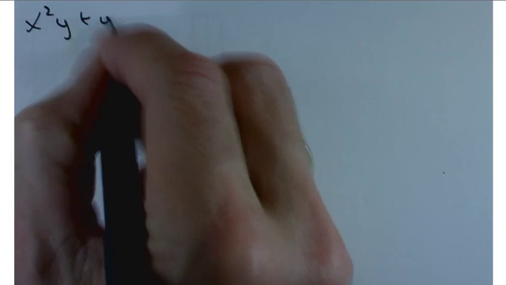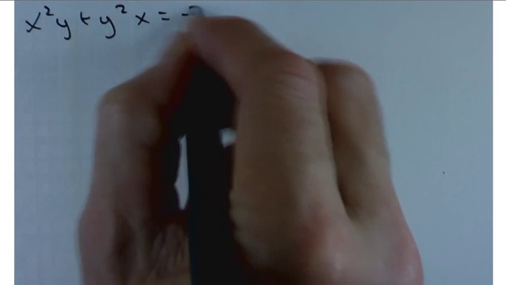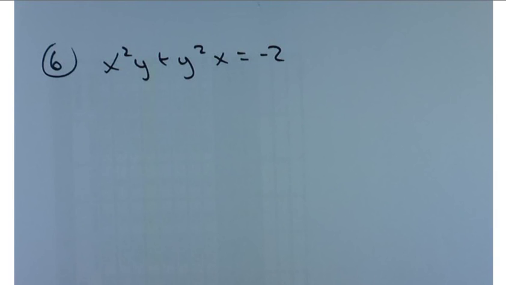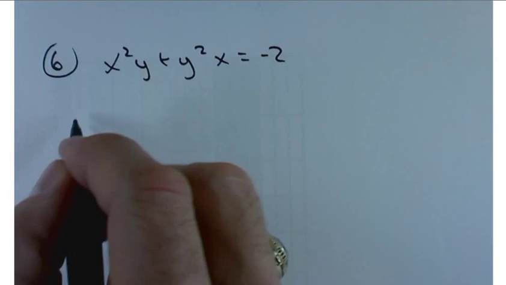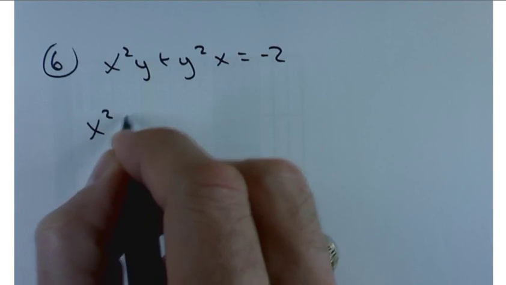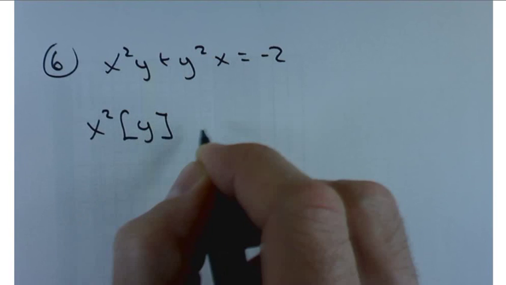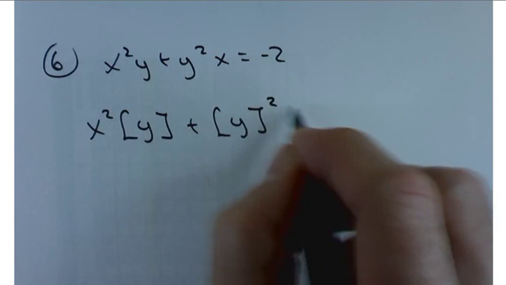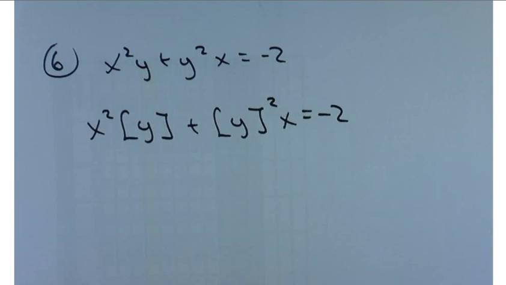Problem 6 looks like this: x squared y plus y squared x equals negative 2. Let's rewrite this as x squared times y plus y in brackets squared times x equals negative 2.